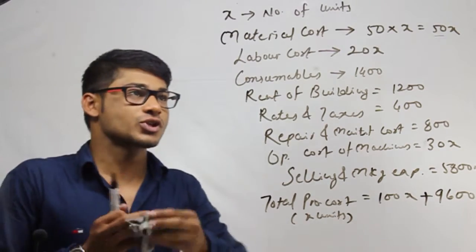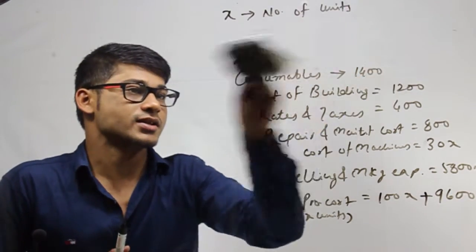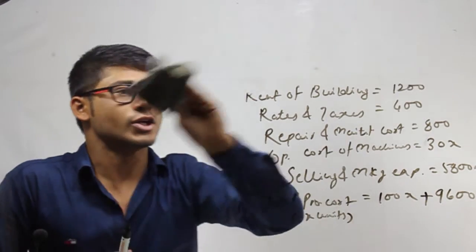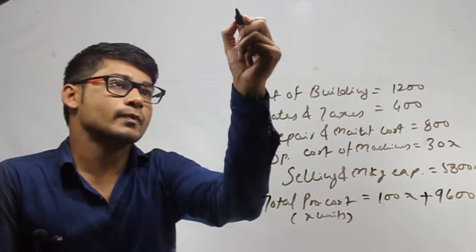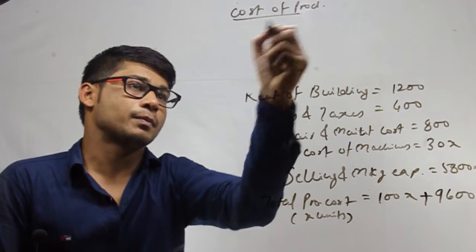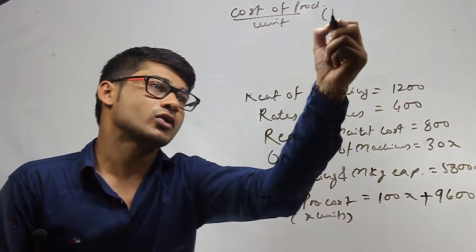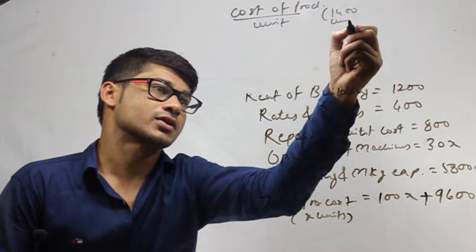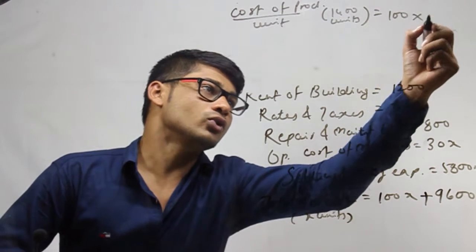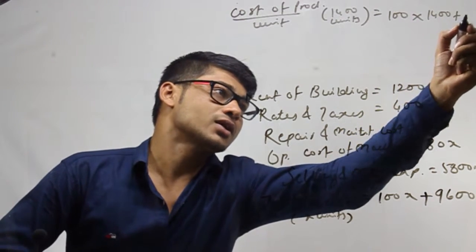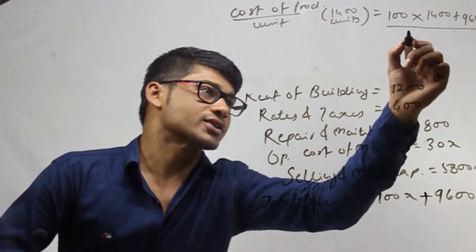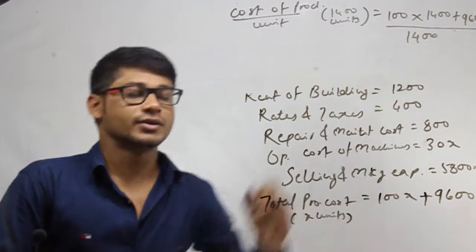Now the first question asked is the approximate cost of production for 1400 units. So the cost of production per unit for 1400 units will be equal to 100 into 1400 plus 9600, divided by the number of units, which are 1400.